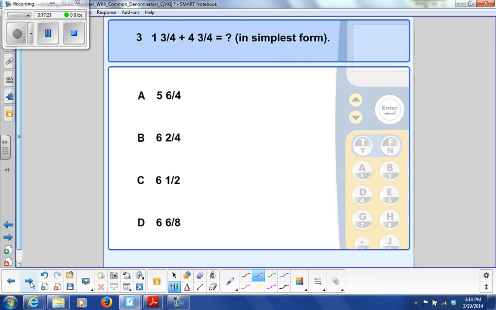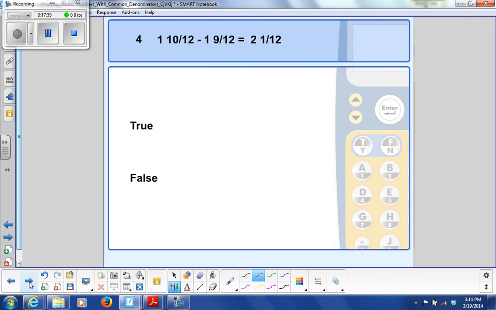Right, same thing here. I got 1 and 3/4 plus 4 and 3/4 equals what? Make sure that you remember to do it in simplest form. Make sure that you can divide it down until you can't divide it anymore. Okay, we have 1 and 10/12 minus 1 and 9/12 equals 2 and 1/12.